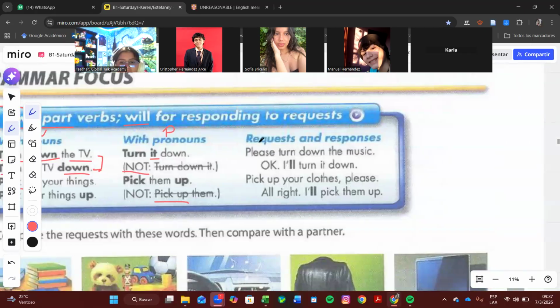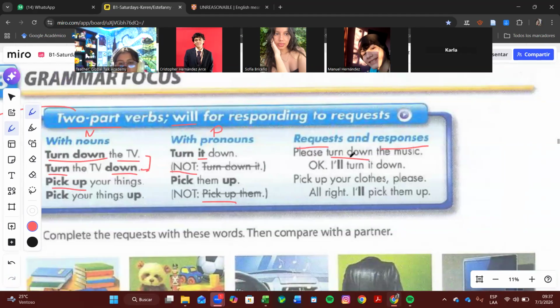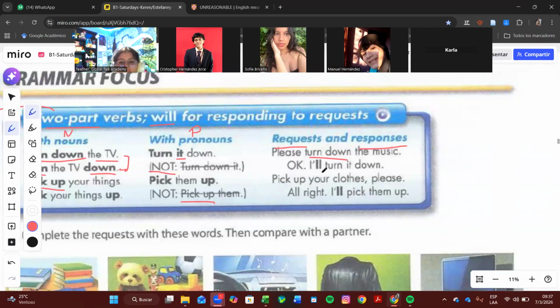And finally, here we have some requests and responses. So please turn down the music. Here we have that phrasal verb, let's say, or this two-part verb. Okay, I'll turn it down. I will turn it down. Pick up your clothes, please.